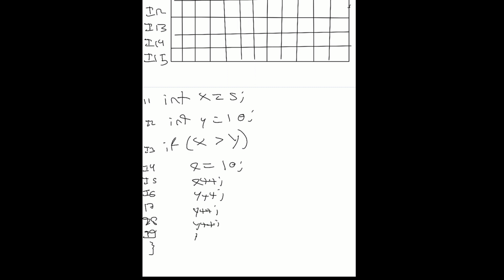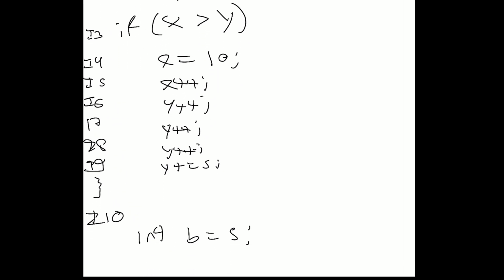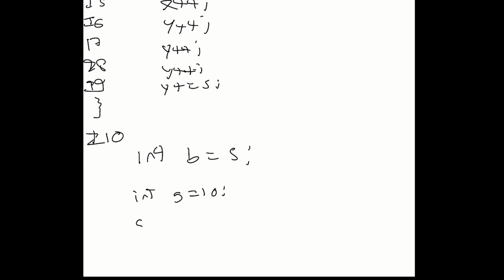We don't know how to do y plus equals, but eventually we figured it out. Good enough. And finally, instruction 10 is actually after the if statement, which might be something like int b gets 5. And then from there, int g gets 10, and then g plus plus. So this is 11, 12, and 13.